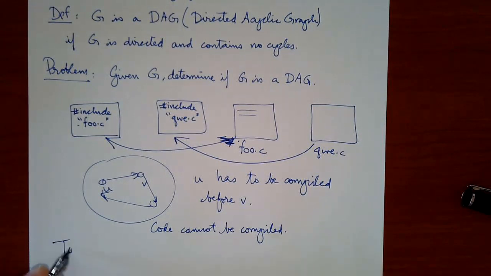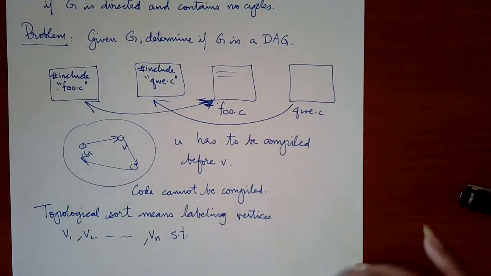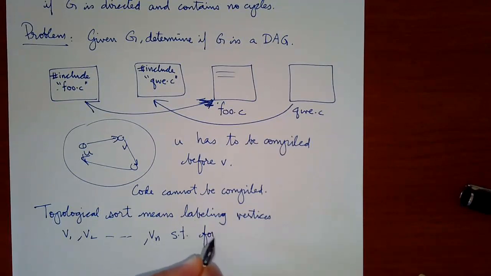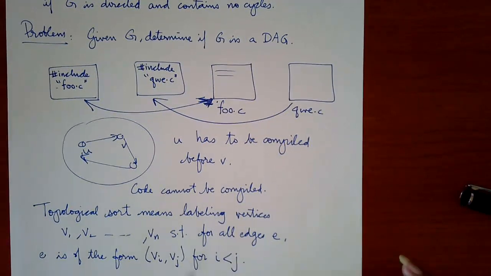So topological sort means labeling the vertices V1, V2 up to Vn such that all edges are of the form Vi, Vj for i less than j, which means that all the edges go from earlier in the ordering to later in the ordering.